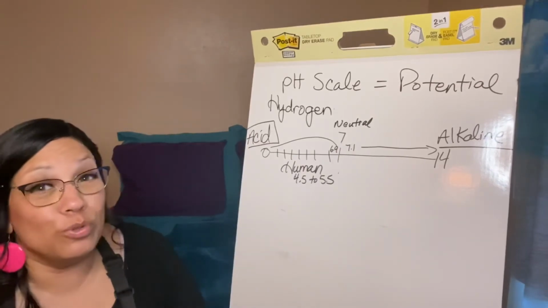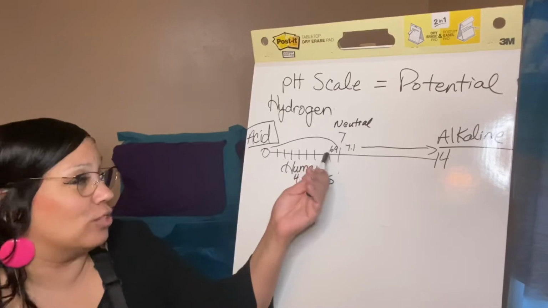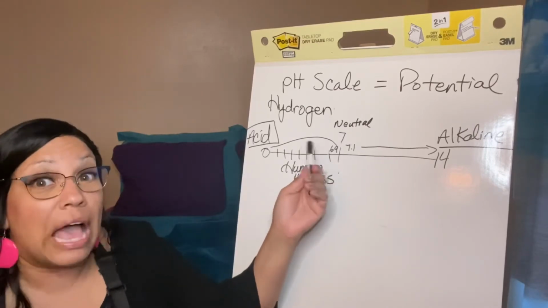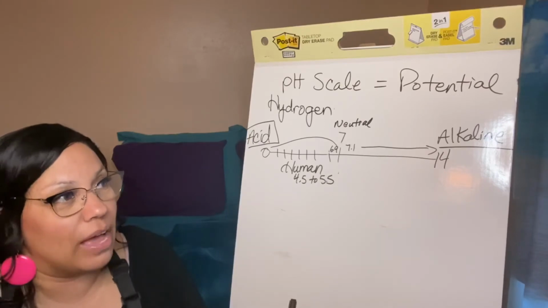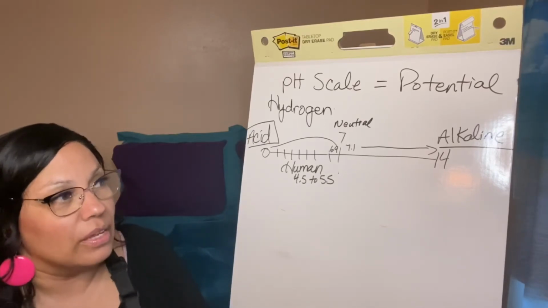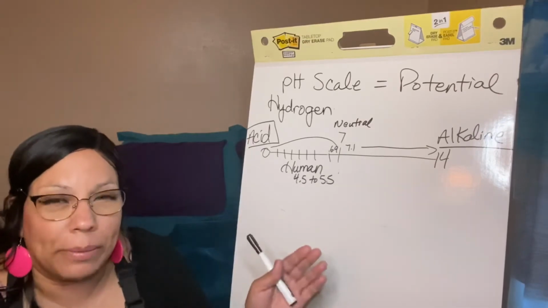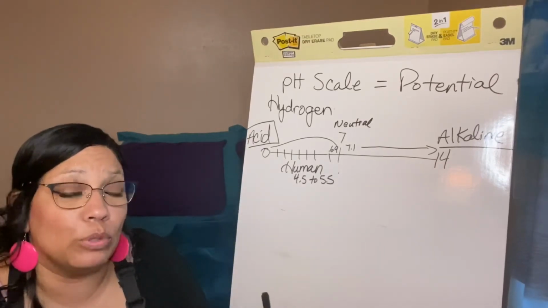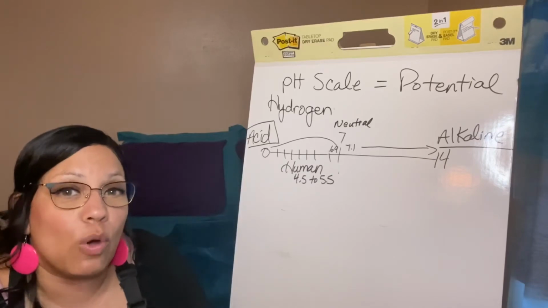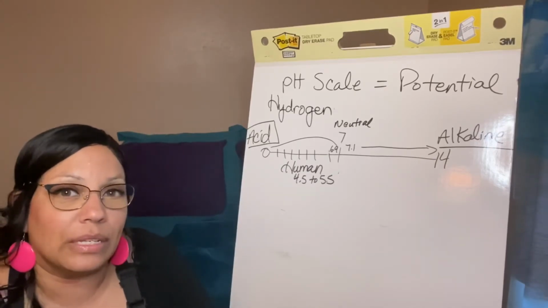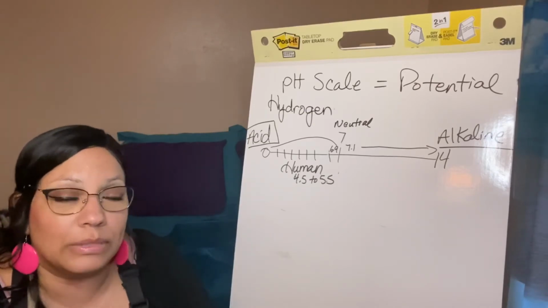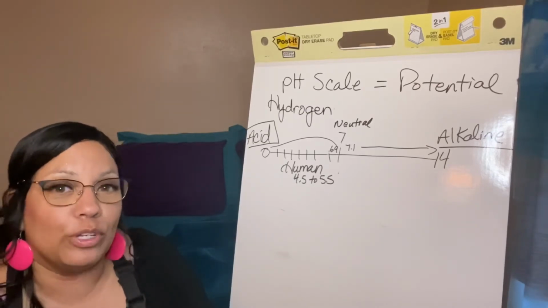Most shampoos range at least in the 6 range, which is high up on the acidic. Well, not too high up because we're 4.5 to 5.5. So yeah, usually it ranges like around 6.5 and up for shampoos. And some of the shampoos are so high on the pH scale that we relate them to cleansers that you use in the tubs and in the toilets, and people are using that on their hair.